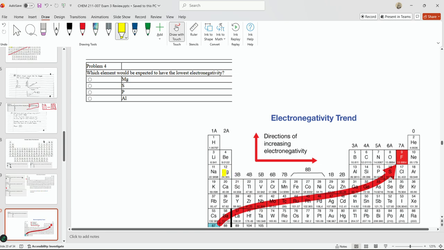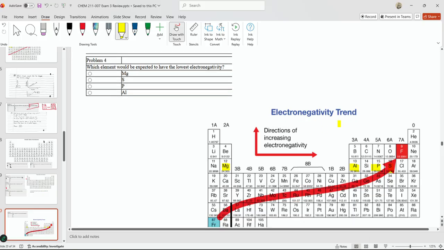We have Mg over here, S over here right below F, P right next to S, and Al, aluminum. Which one has the lowest electronegativity? Would it be Mg? Yeah, right.